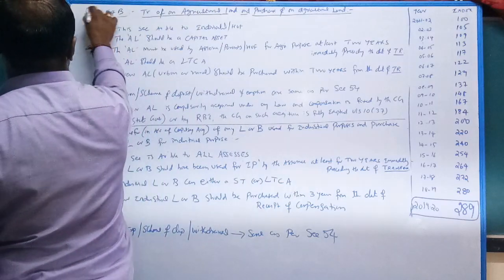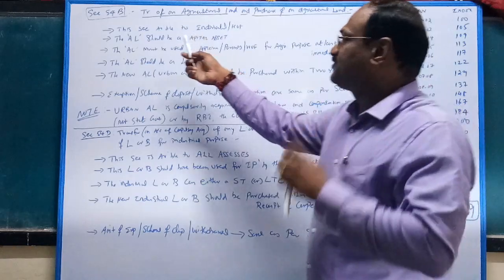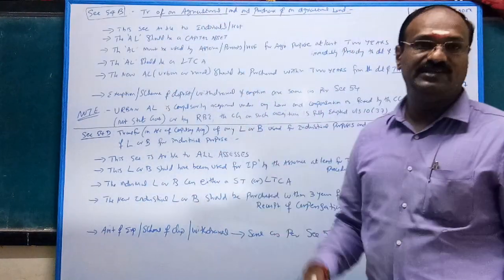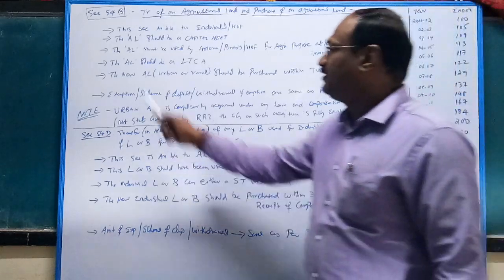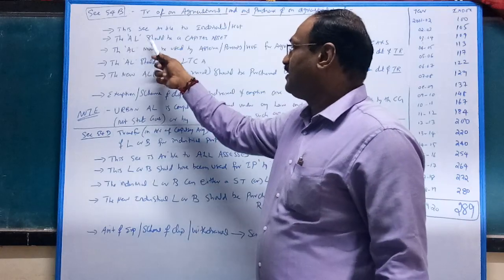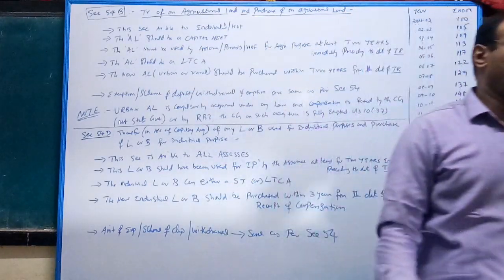Repeat, section 54B. B for ball. This section is available to individual and HUF. Then the A stands for agricultural land. The agricultural land should be a capital asset first.